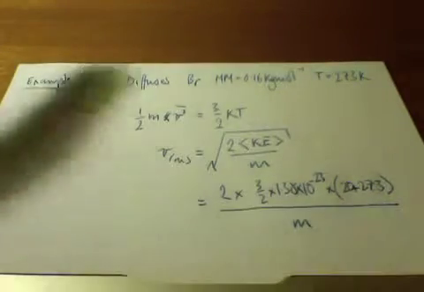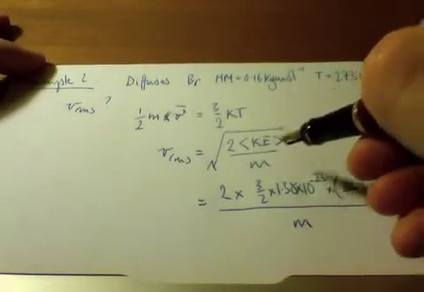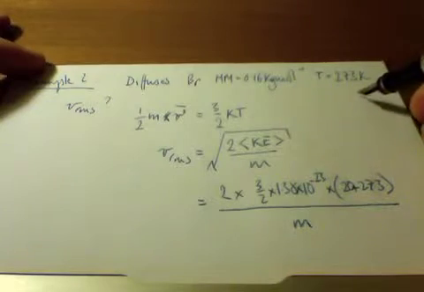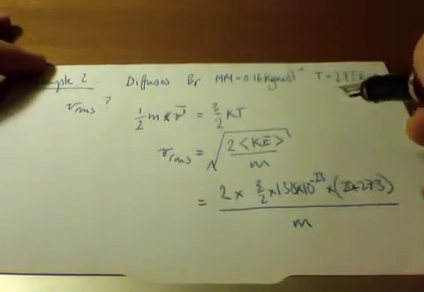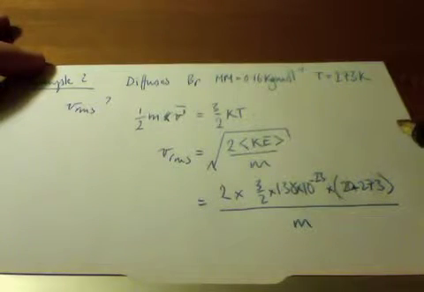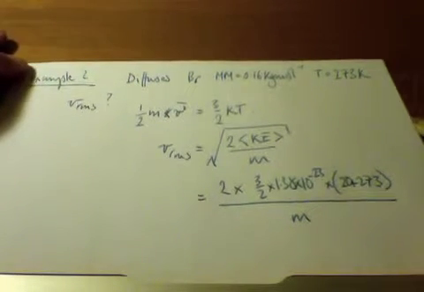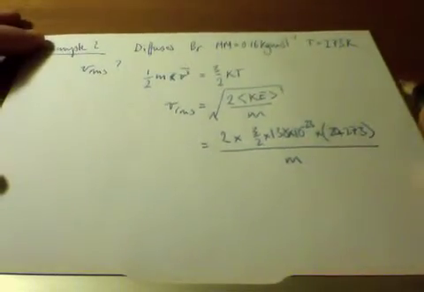Now, interesting point here. The mass is not the total mass, but we're looking at the mass of one individual particle. So, what we need to do is find out somehow, with our molecular mass here, what the mass of one particle is.